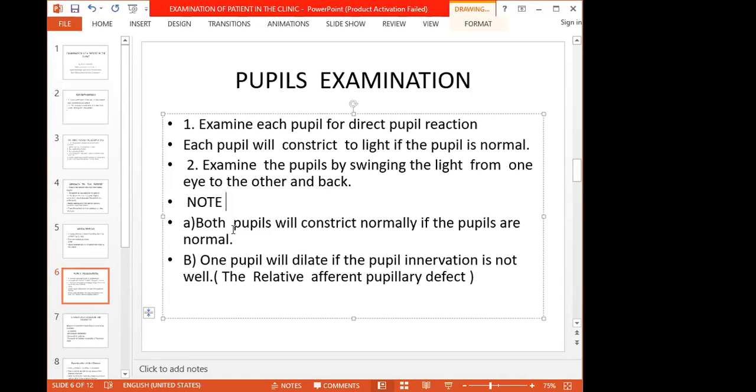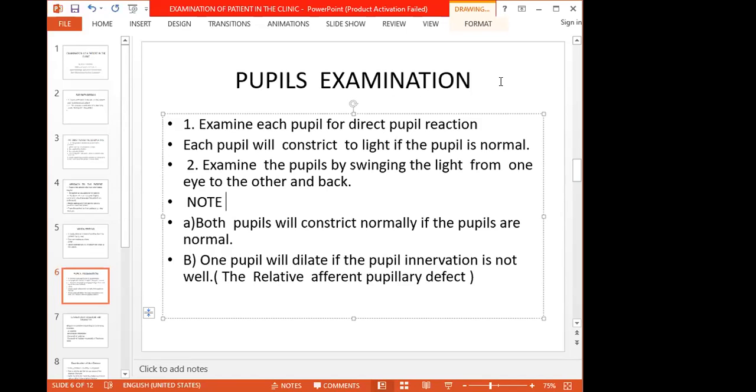Both pupils will constrict normally if the pupils are normal. So from the right to the left, if you are shining on the right it will constrict. You go to the left, it will constrict. You go back to the right.